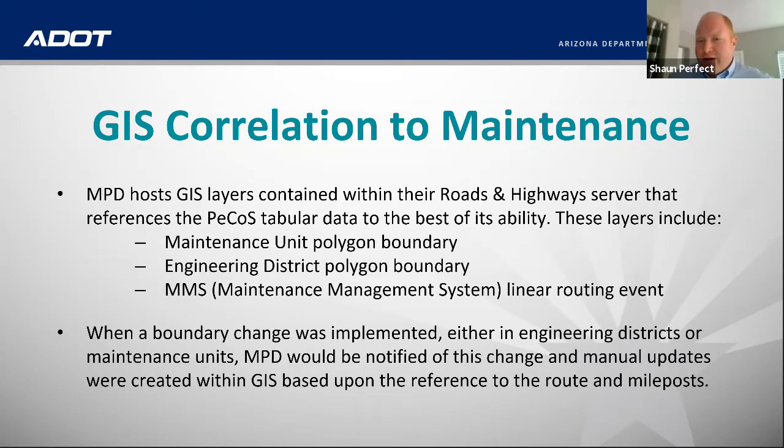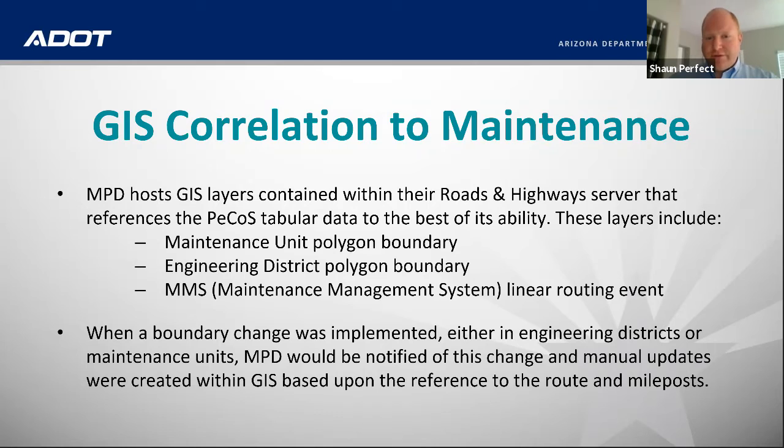So we have all this data in the same roads and highways database, so we can integrate and overlay those data sources together, producing maps and dashboards for upper management.